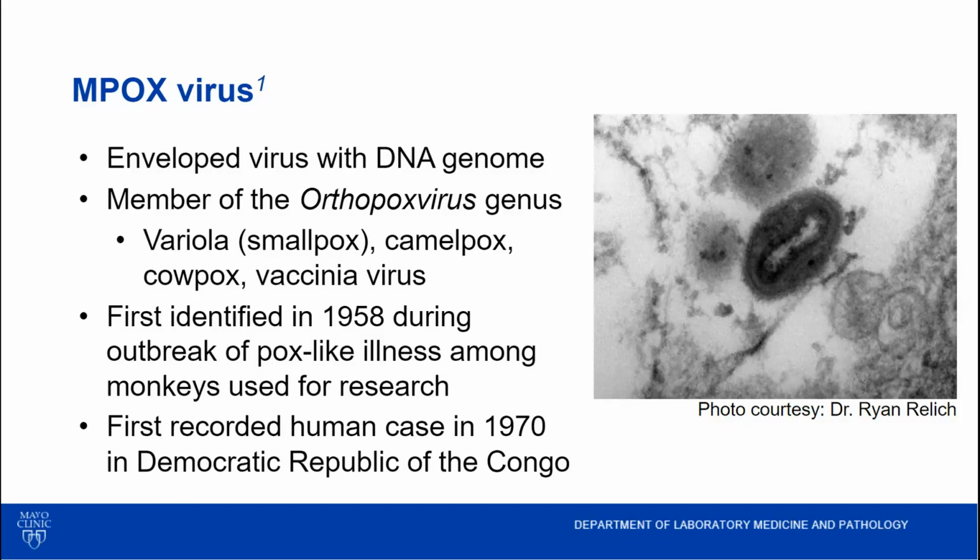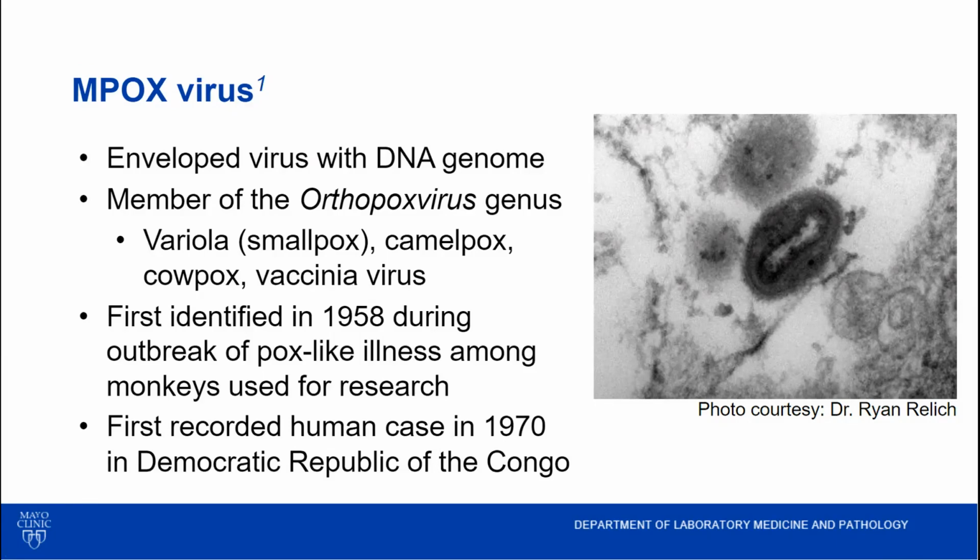It's a member of what's called the orthopox virus genus. And the orthopox virus genus consists of other viruses such as variola, or the causative agent of smallpox, as well as camelpox, cowpox, vaccinia virus.